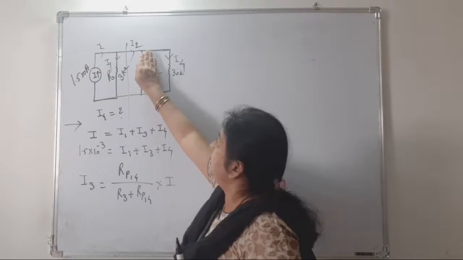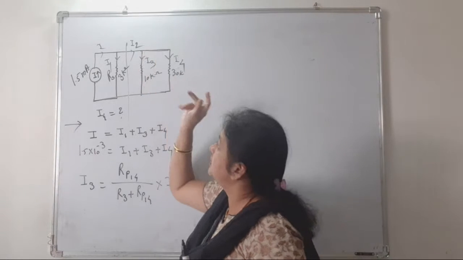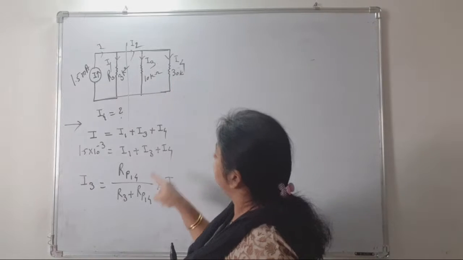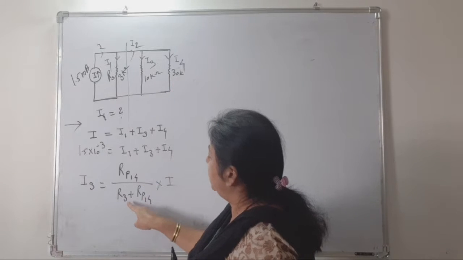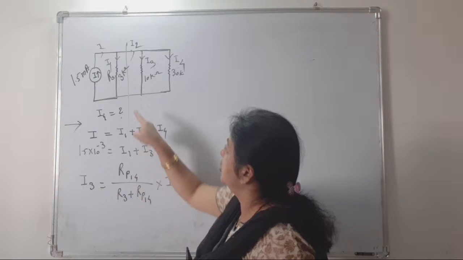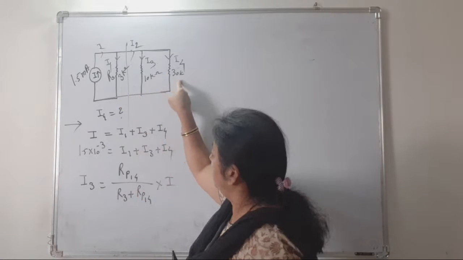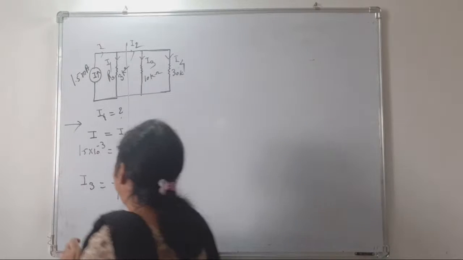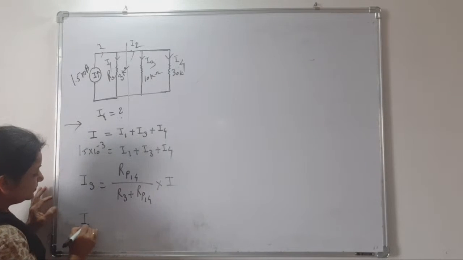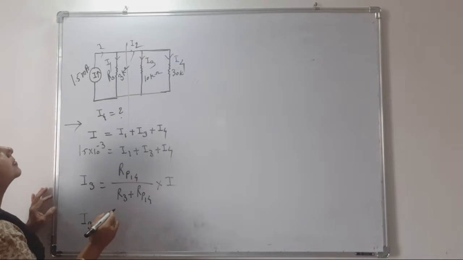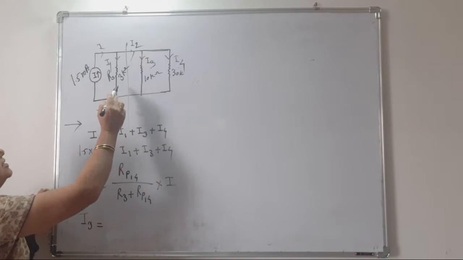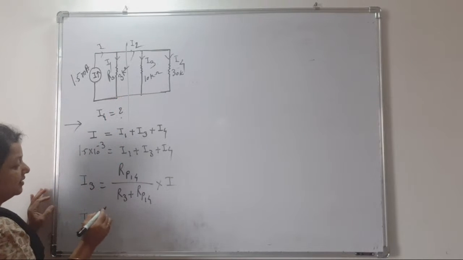Okay, to calculate the current through this resistance, we have to take the parallel combination of these two, upon R3 plus the parallel combination of R1 and R4, into I. So how do you calculate I3? R1 and R4 are 3K and 30K.